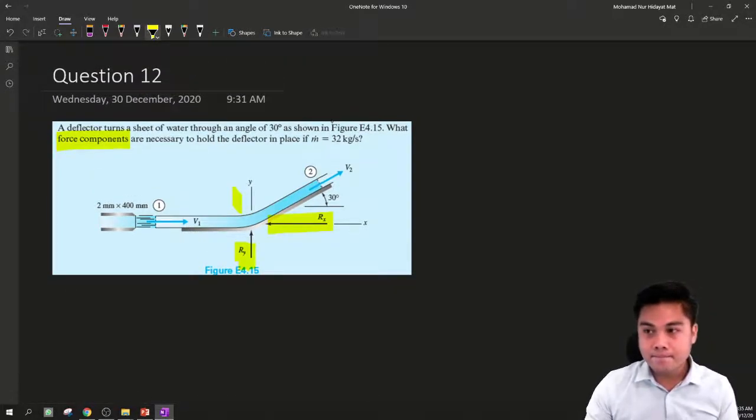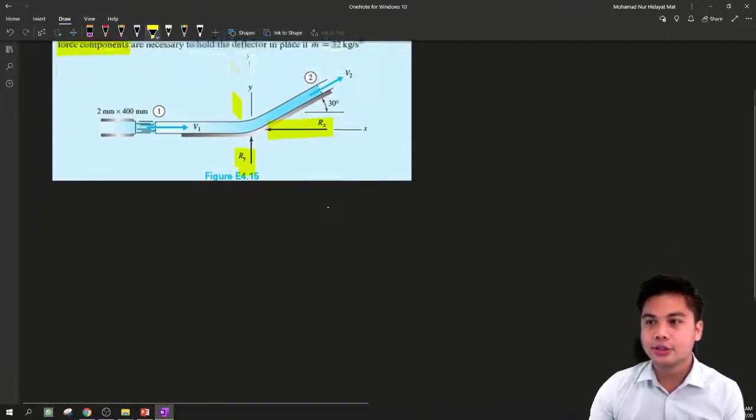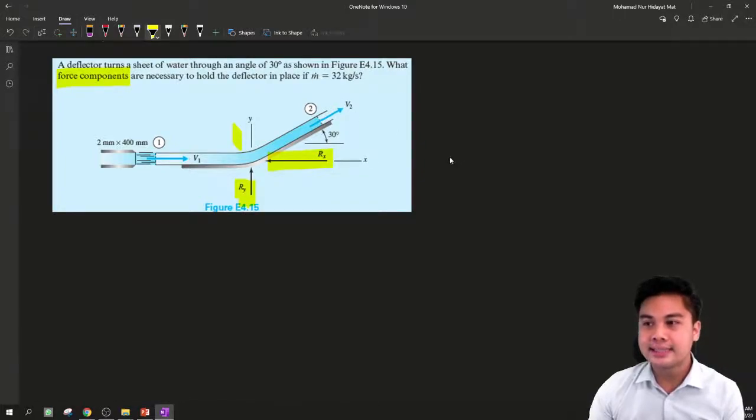According to the Bernoulli equation, this deflector is exposed to atmospheric pressure, or in other words, the water on the deflector is exposed to atmospheric pressure, so pressure 1 and pressure 2 are equal, and the elevation is negligible. So we can say that velocity 1 is equal to velocity 2 as per the Bernoulli equation, right? So V1 and V2 are the same.